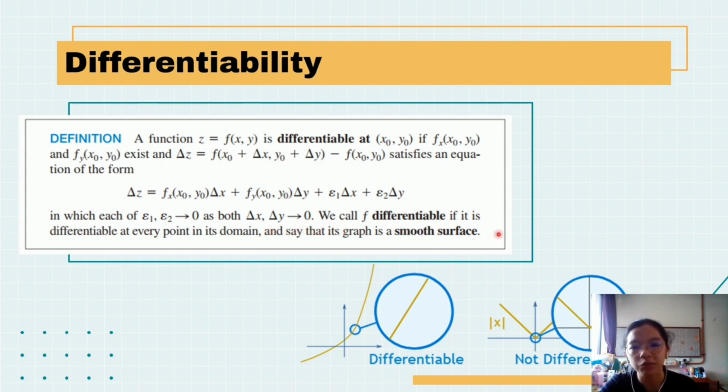We call f differentiable if it is differentiable at every point in its domain, and say that its graph is a smooth surface like this.